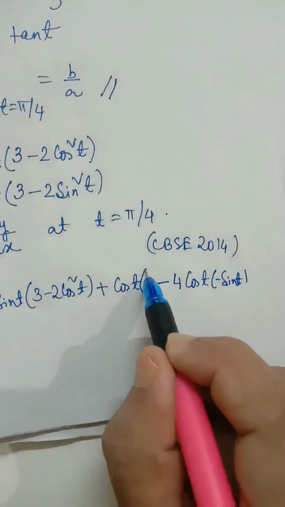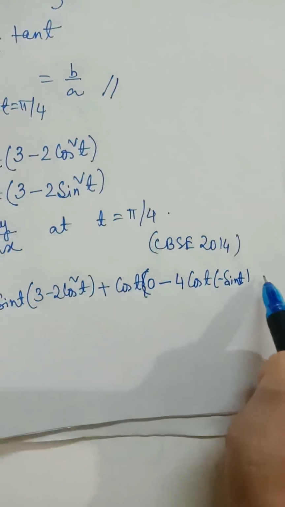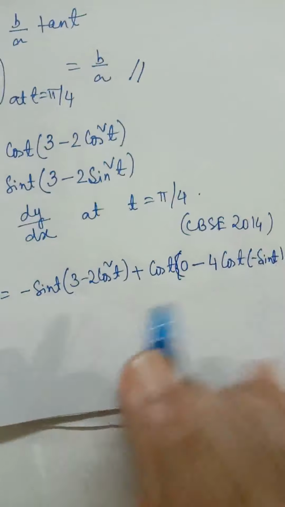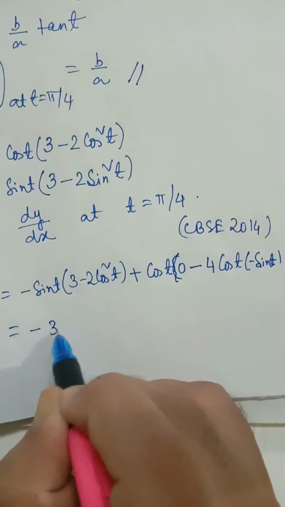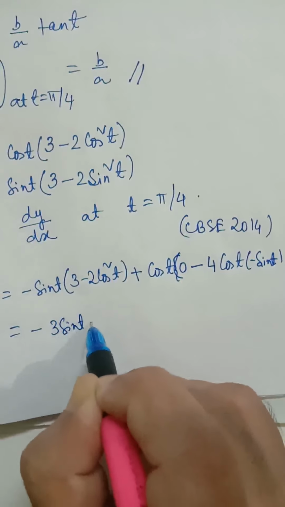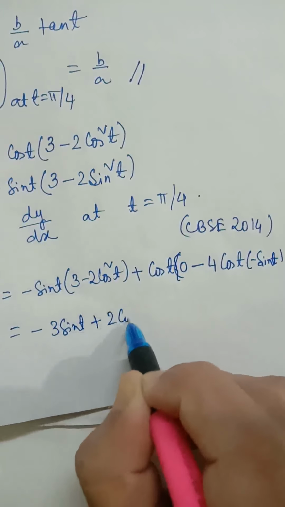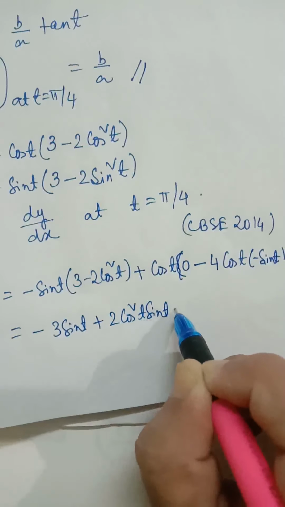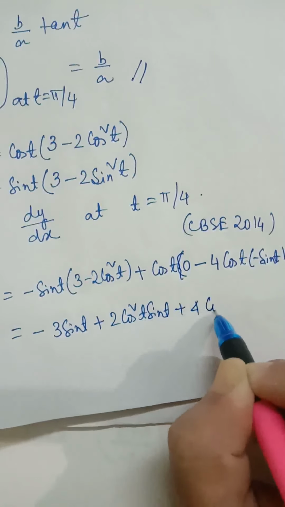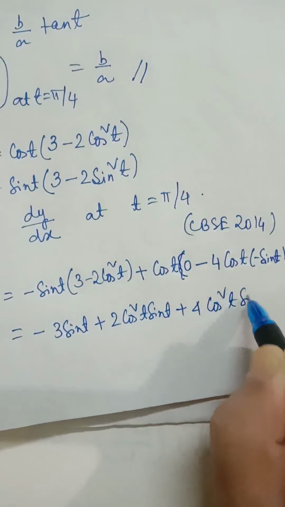Okay, now let me make it second bracket this. So it will be minus of 3 sin t plus 2 cos square t into sin t plus 4 cos square t into sin t.